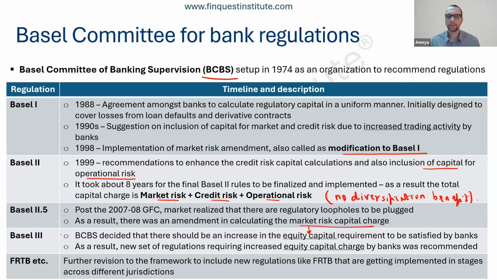And that is something which is globally getting implemented. Of course, the milestones set by regulators are different across markets, but that is already underway, and different jurisdictions are getting FRTB rolled out at the respective timelines or milestones which their respective regulators have defined.